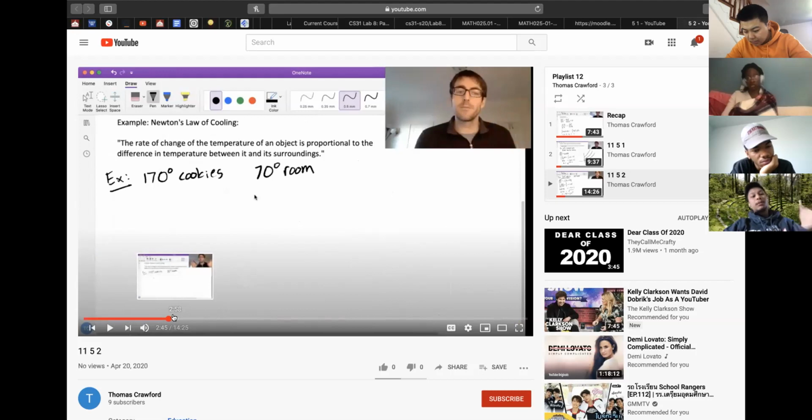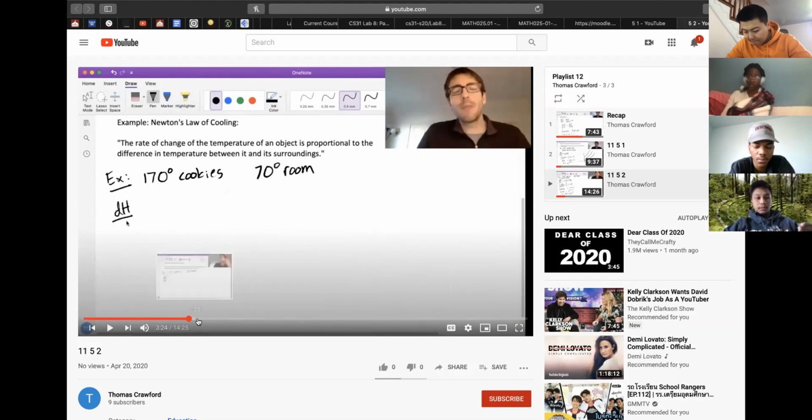Now we have a new word problem with cookies and a room: the temperature of the cookies once in an oven, and the temperature of the room outside. Using Newton's law of cooling, you know that the rate of change of the temperature of the object is proportional to the difference in temperature.